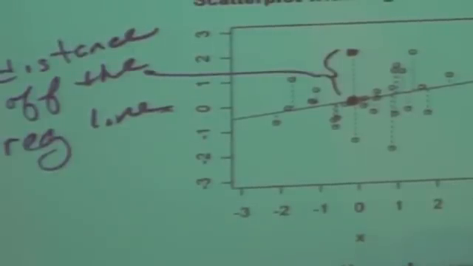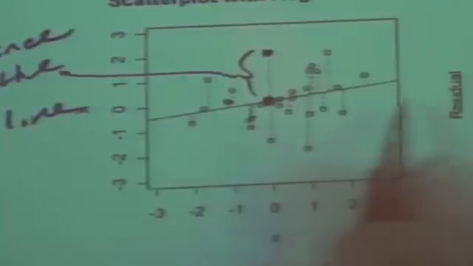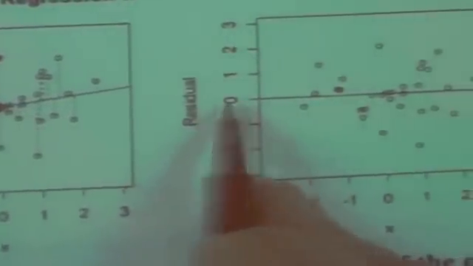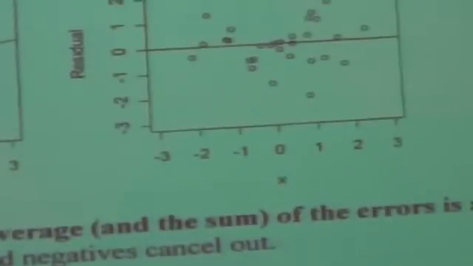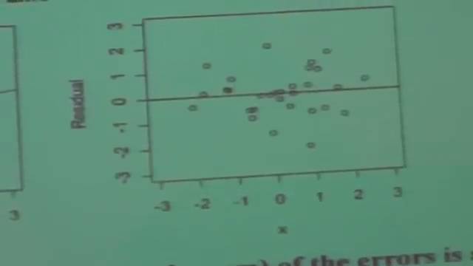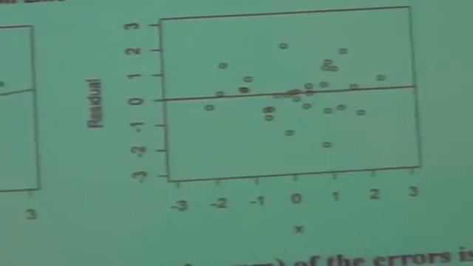Now, what's this? I just straightened the line out at 0 so you could read them better. And here's a very interesting fact that relates back to what we talked about with deviations from the average. For any regression line, the average of the errors is always 0.